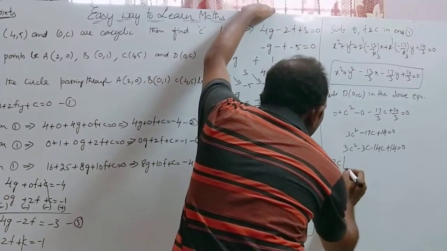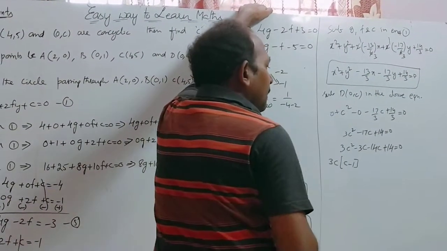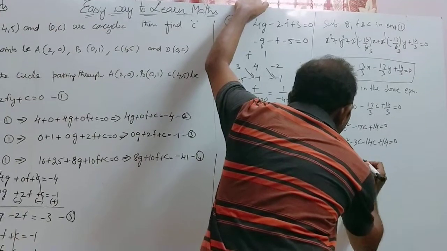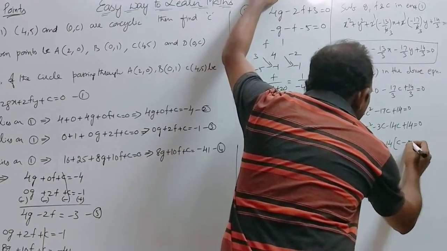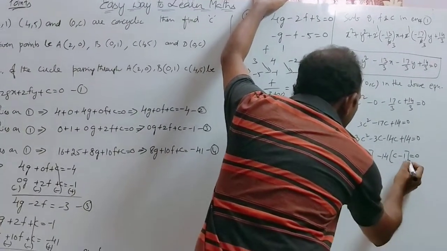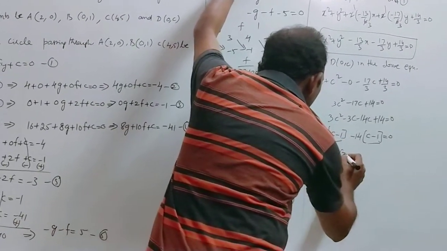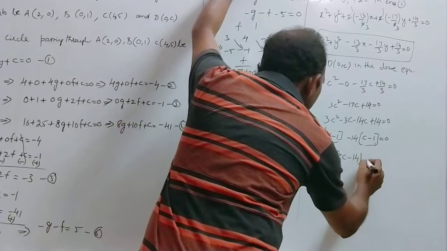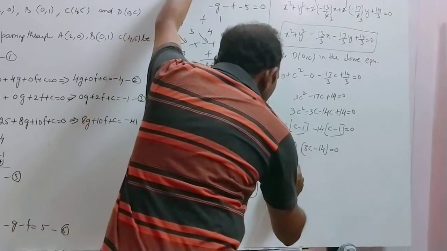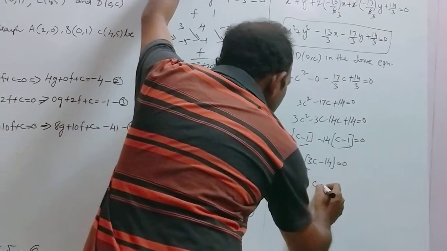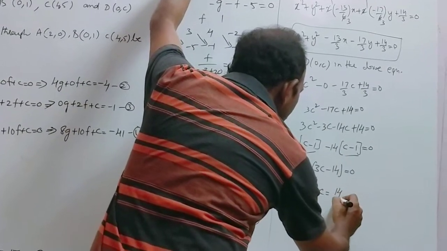Therefore, 3C into C minus 1. Here minus 14 common. Here also C minus 1 is equal to 0. Again C minus 1. Therefore, C minus 1 into 3C minus 14 is equal to 0. Therefore, the C values are C is equal to 1, C is equal to 14 by 3.